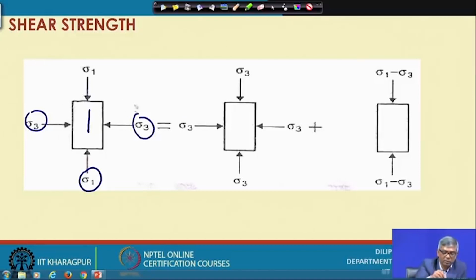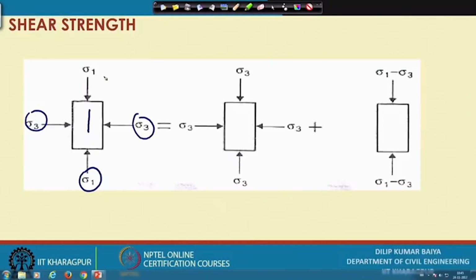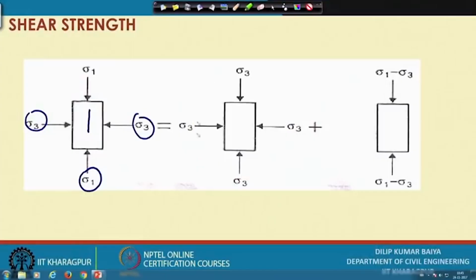This is of course all around sigma 3 and sigma 1. This is the visualization I can do for the sample, but we have conducted or prepared the setup in 2 stages. Initially, we have applied sigma 3 in all directions, plus we have applied this.